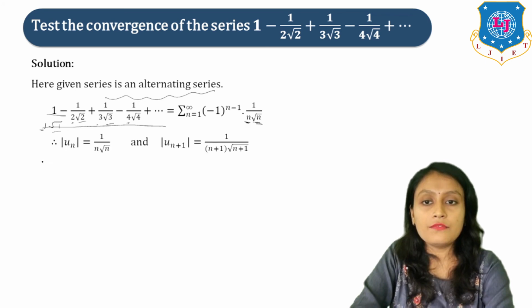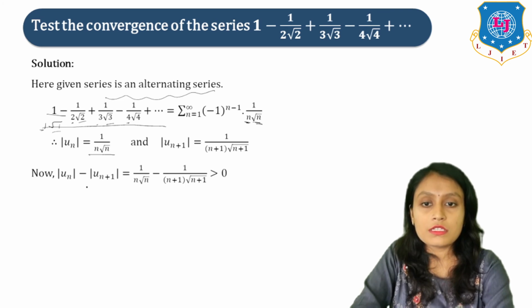Now we will write firstly |un|. So |un|, we will take only positive terms. So here we have 1 upon n root n. Firstly find |un+1|. So in place of n, we have to write n plus 1. So you will get 1 upon (n+1) under root (n+1). Now the first condition, that is |un| minus |un+1|. Subtract both the terms.